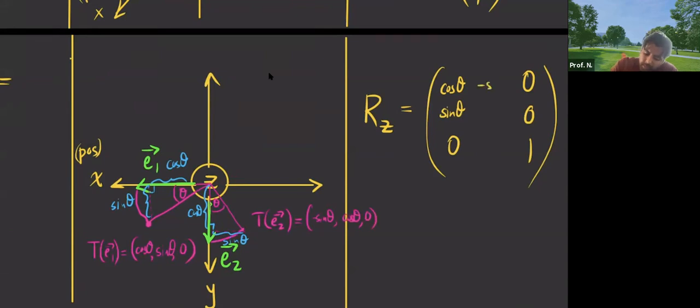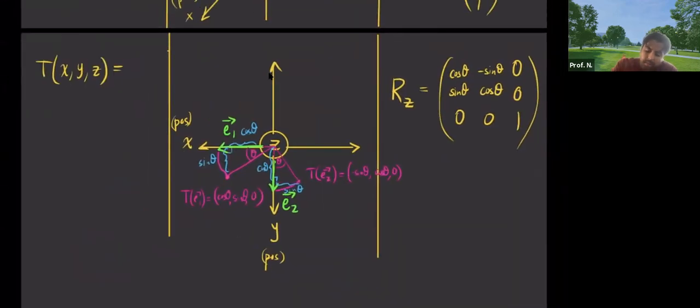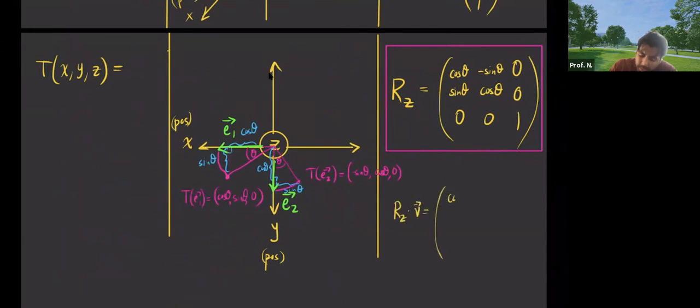So this will be negative sine theta, cosine theta, 0. And so then we found the 3 rotation matrices with respect to their different axes. So this will be our z-rotation multiplied by any vector. I have cosine theta, sine theta, 0, negative sine theta, cosine theta, 0, and 0, 0, 1.